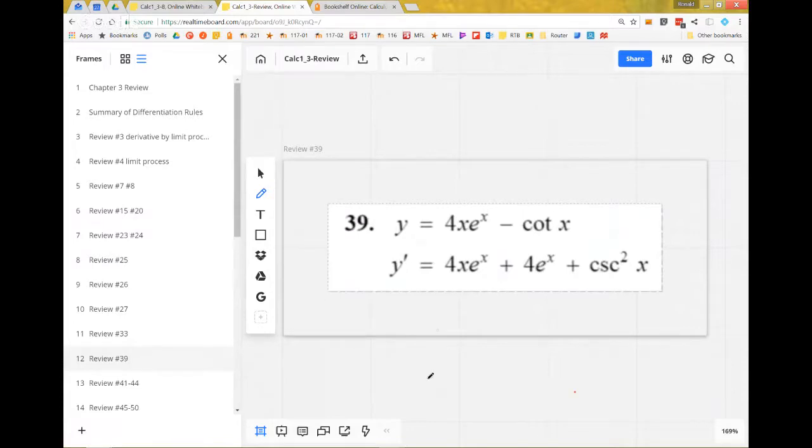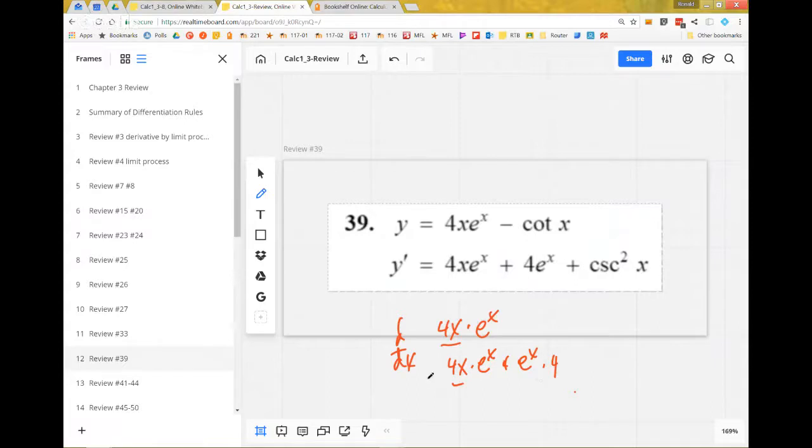So really what you're saying is that's a 4x multiplied by an e to the x. And so when you take the derivative, it's a product rule. You've got the first times the derivative of the second, the derivative of e to the x is that, plus the second times the derivative of the first.